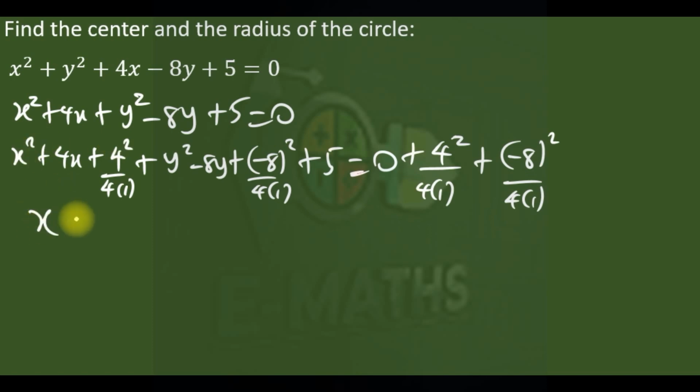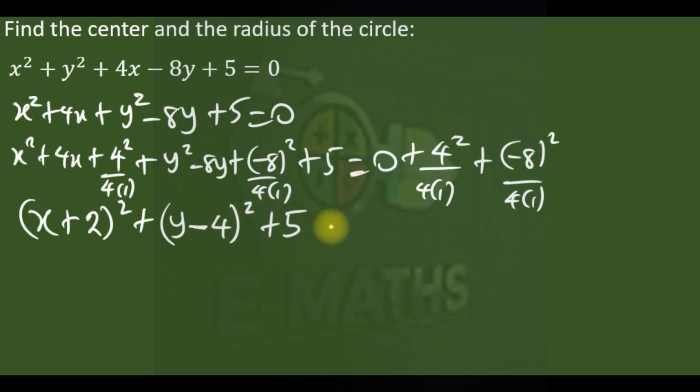So I have x plus, 16 over 4 is 4, the square root of 4 is 2, so 2 squared, plus y minus, 64 over 4 is 16, the square root of 16 is 4, so 4 squared, plus 5 is equal to, that's also 4 plus 16, because 16 over 4 is 4 and 64 over 4 is 16.